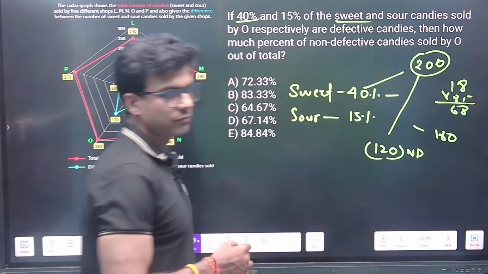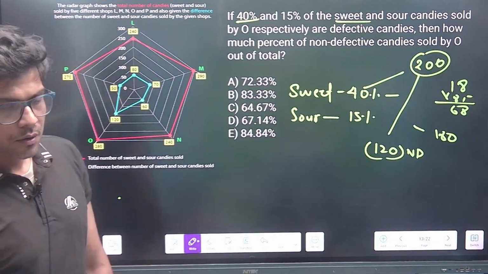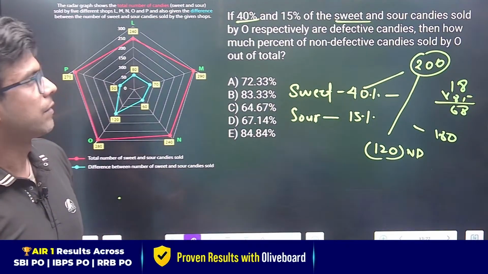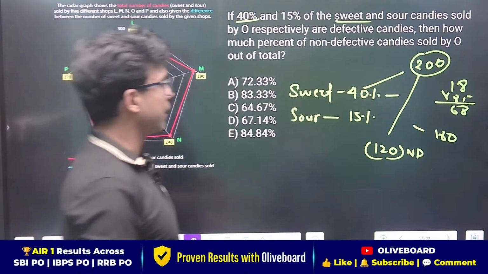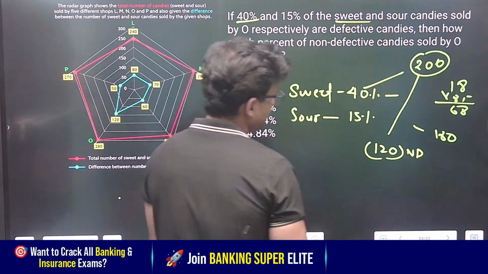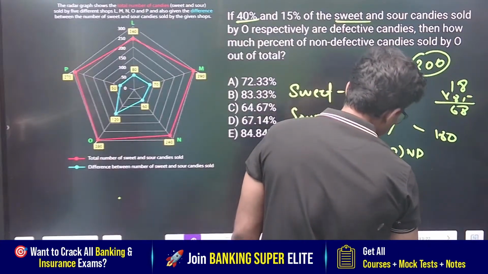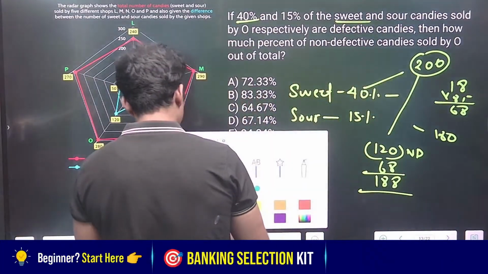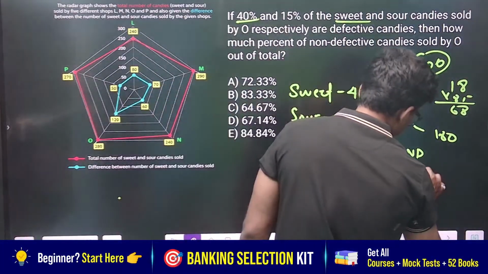Can I say 68? Oh, 85, 8 5s are 40. Yes, it would be 188. 120 plus 68. Please calculate, it's coming 188. Yeah, non-defective.